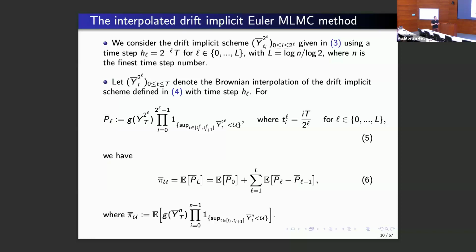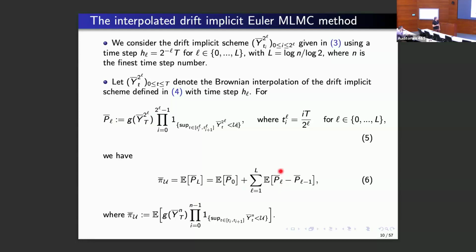The idea of the multi-level is to be able to rewrite this equation 6. You write the price as follows. You start from a very coarse approximation, the time step of order 1, a very rough approximation, and then some corrections, exactly L corrections, having finer and finer time discretizations.